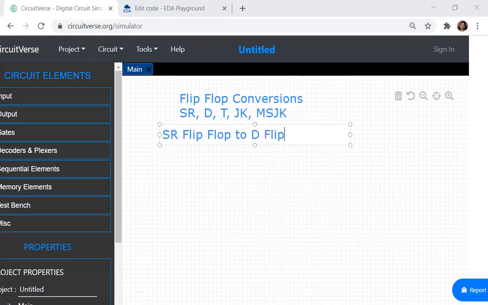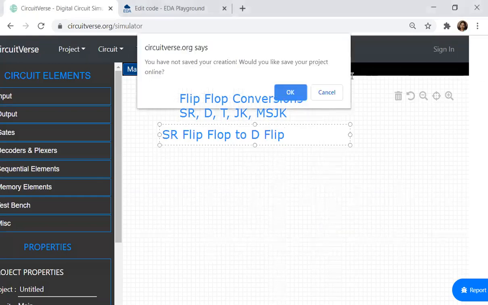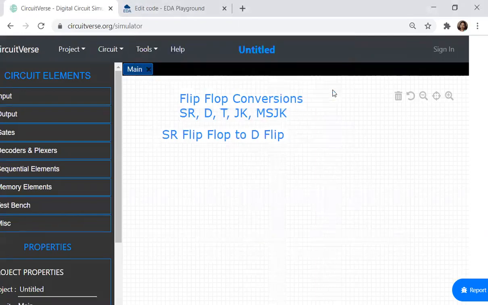Now, whenever you go for the conversions, we have to consider the inputs. The inputs will be based on what the flip-flop output is. Whatever flip-flop you want, SR flip-flop to D flip-flop I told.